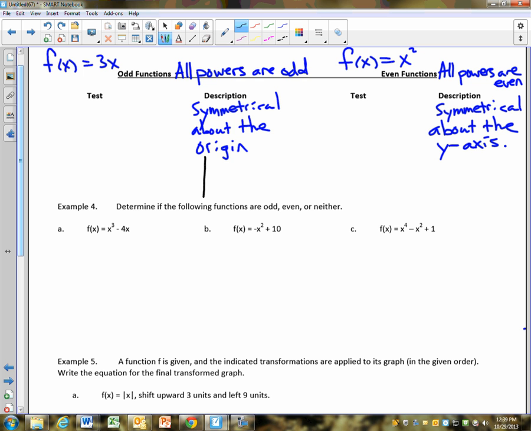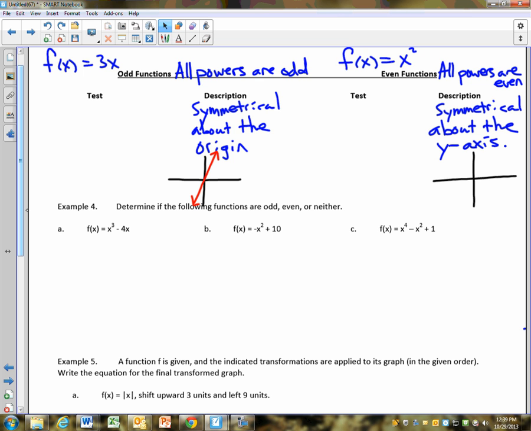What does that mean? If I draw a basic graph right here, what does the graph of 3x look like? What does it look like? Line through the origin with a slope of 3. Line through the origin with a slope of 3, exactly.